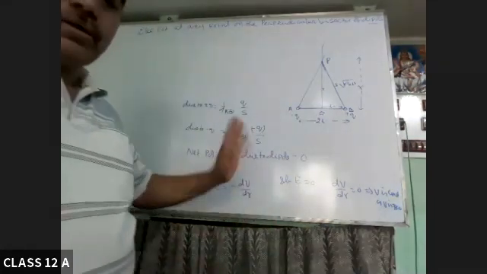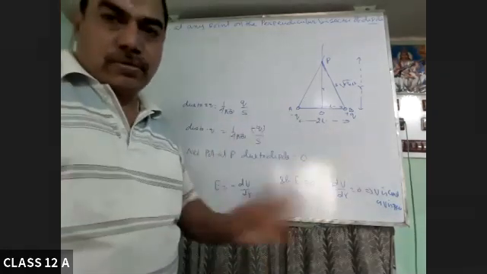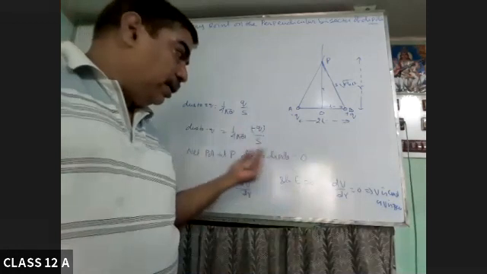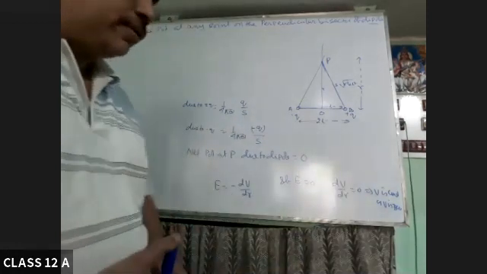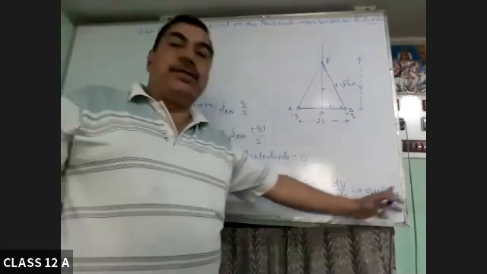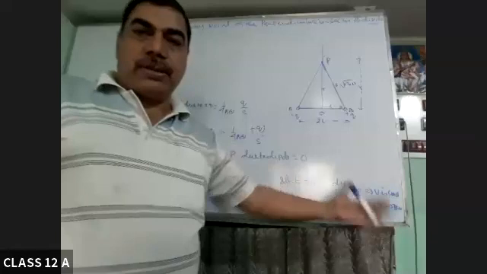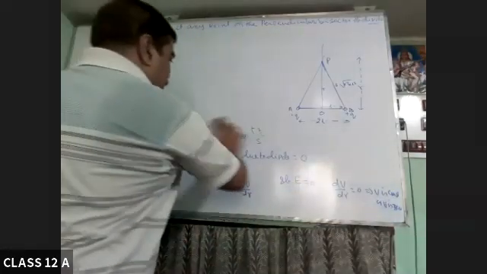So both statements are wrong: V is 0 means E is 0, wrong; E is 0 means V is 0, also wrong. If E is 0, V is either constant or it may be 0, but it will not always be 0.